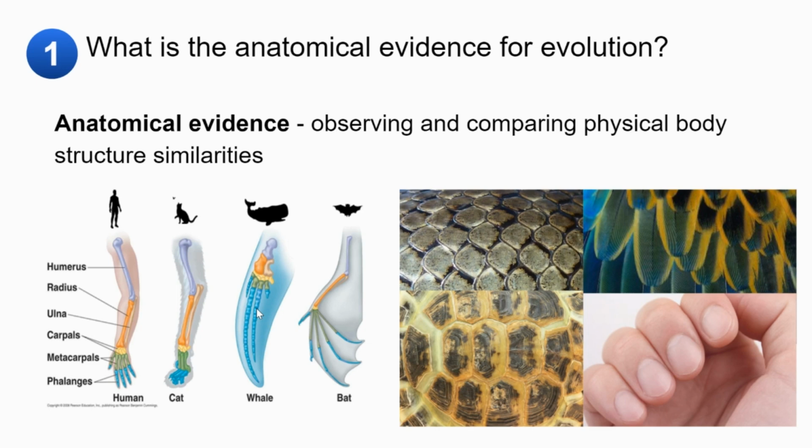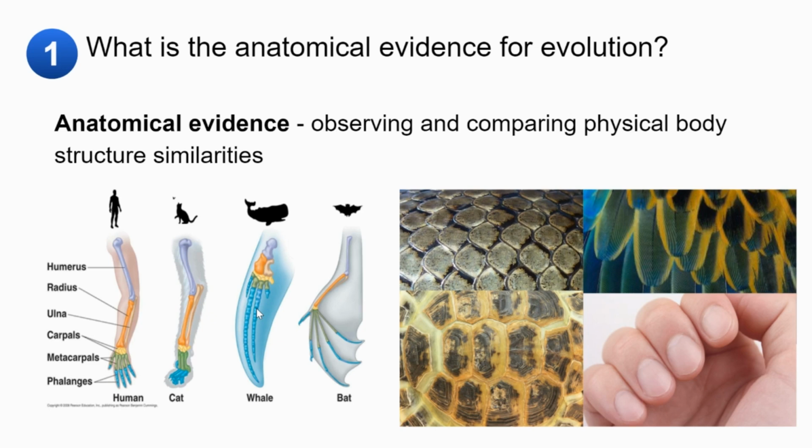For example, take a look at the forelimbs of these four different species of animals. The bones are what we're comparing among these species, their sizes, their shapes, and patterns of connection. Although these forelimbs are used for different purposes, different functions, their makeup or their structure is exactly the same. For one, they're all made of bone.